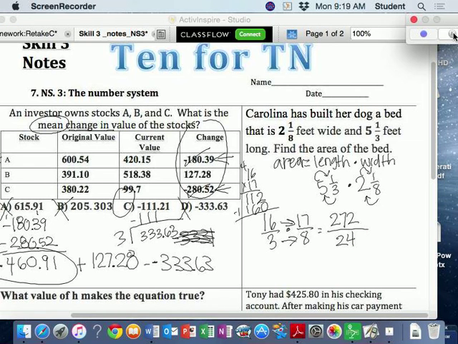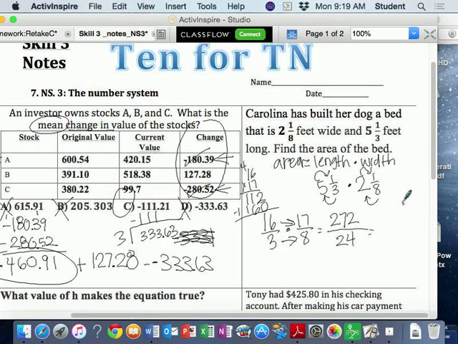Now I divide out. I can't leave my answer like this, so I'm going to do 272 divided by 24, because my numerator gets divided. 24 goes into 27 one time. Bring down my 2. How many times does 24 go into 32? 1. And I'm left with 8. Now remember in elementary school you were taught to put an R with the remainder, right?